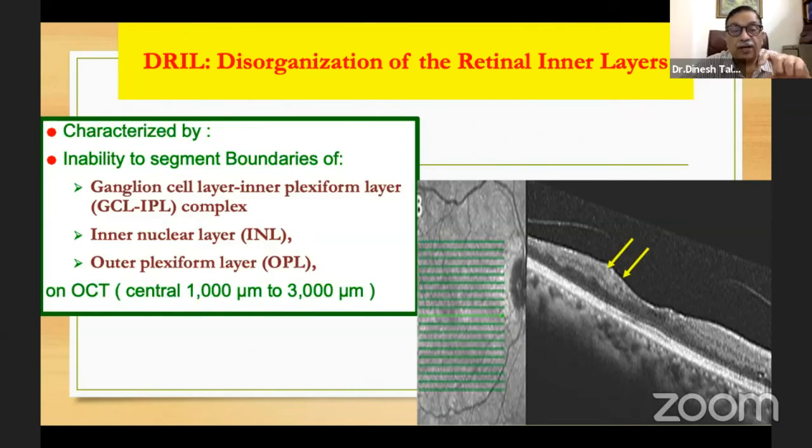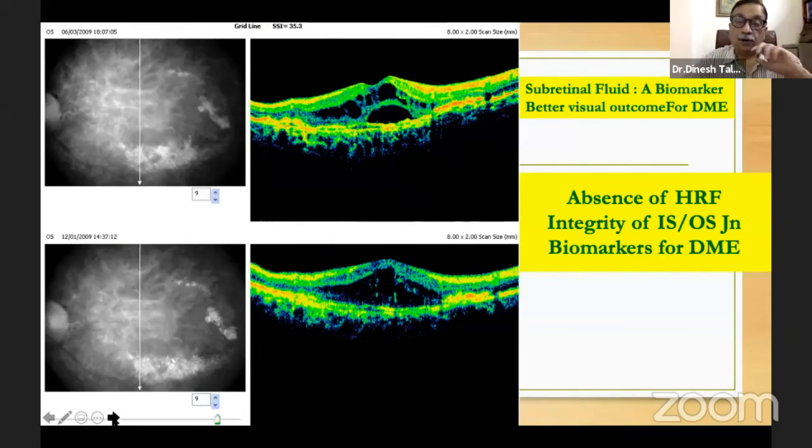When you see this, this is what we call DRIL. This is disorganization of the retinal inner layers. And this is a prognostic indicator that this patient may not get much vision improvement, even following intervention. We normally look for this in the central 1,000 to 3,000 microns and look for the extent of these changes to decide what is going on.